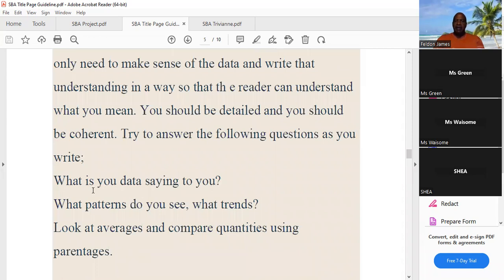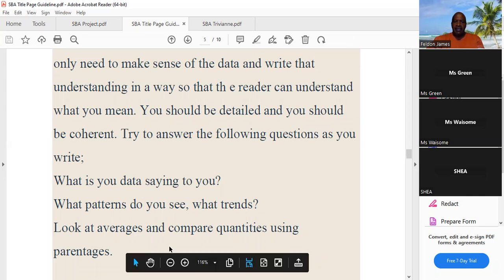So having collected your data, presenting them in the table, putting them in your graph and charts, you should be able to look at these now and break them down and say, what is it saying to you? You should be able to say, what pattern do you see based on your graph?